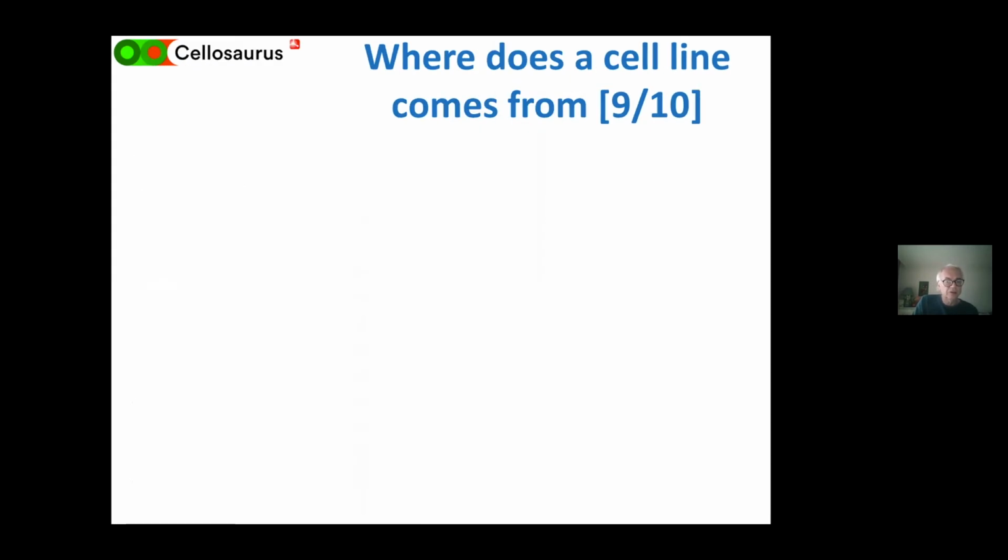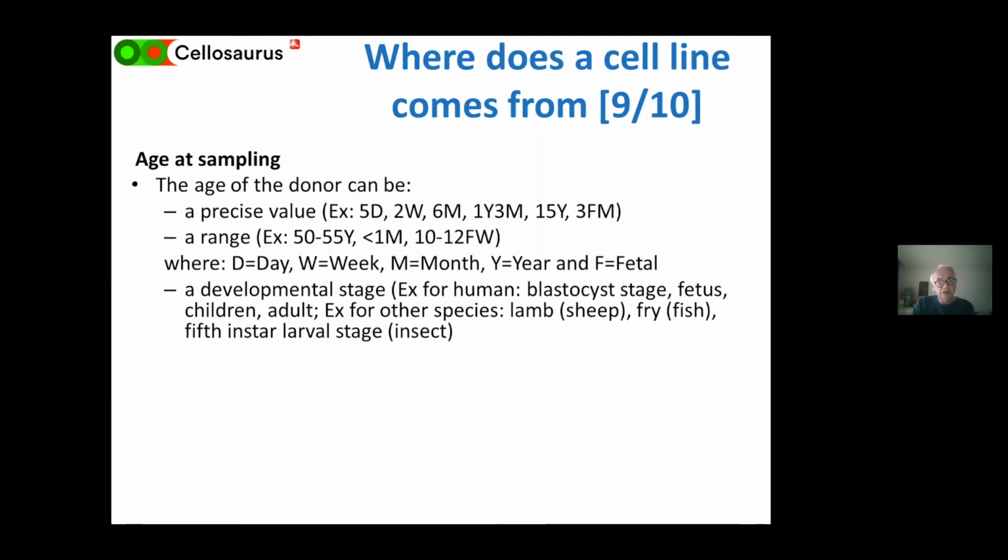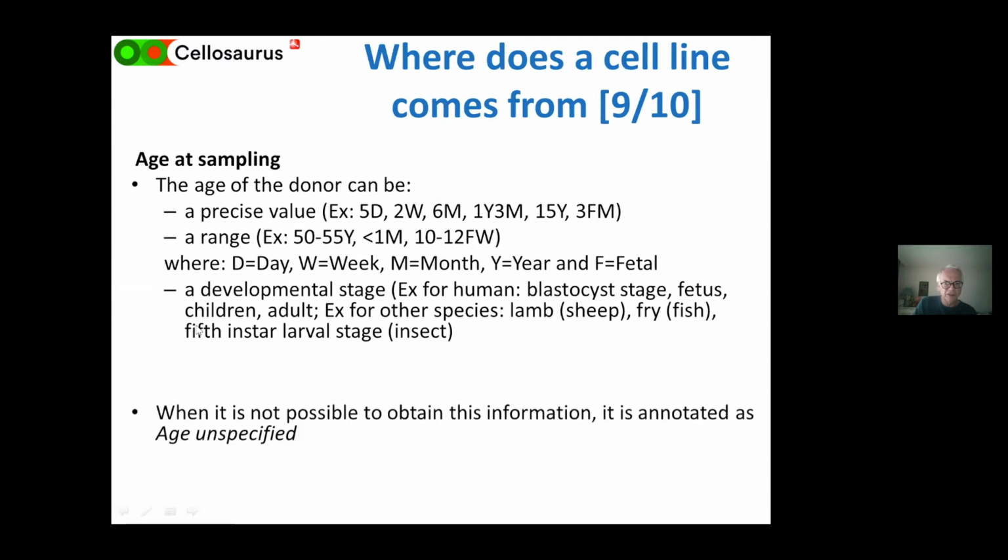Now we come to 2 different types of information items, which are still important to know where cell lines come from. So age of sampling, which can be either a precise value, 5 days, 2 weeks, 6 months, 1 year and 3 months, 15 years, 3 fetal months, or a developmental stage: blastocyst stage, fetus, children, adult, or for non-human species, you see here an example, lamb, fry for fish, larval stage, and so on.